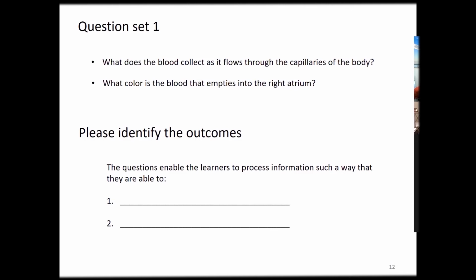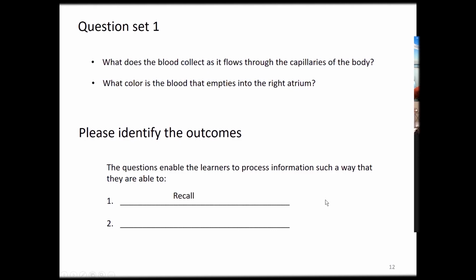If by asking these two questions, what kinds of, now first let's look at the first one. What kinds of outcome do you expect? What kinds of cognitive activity do you expect to occur? We will say the first one is to recall, right? You look at that question.